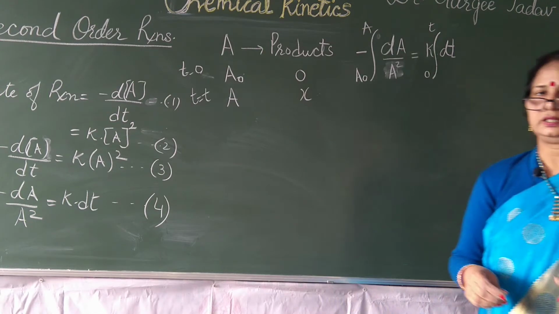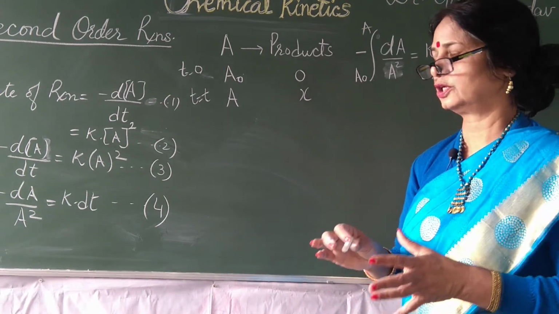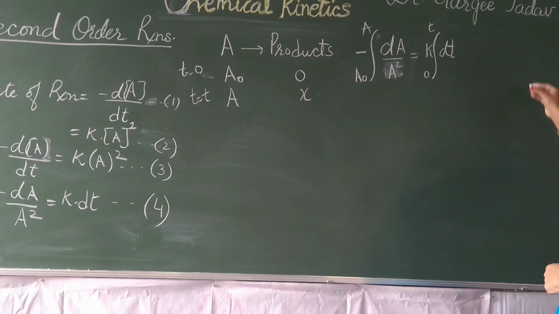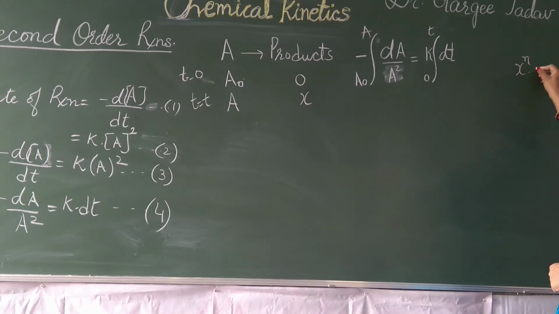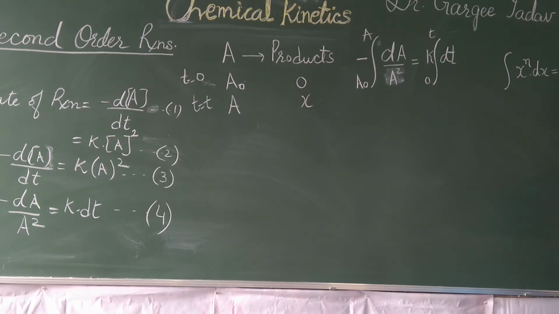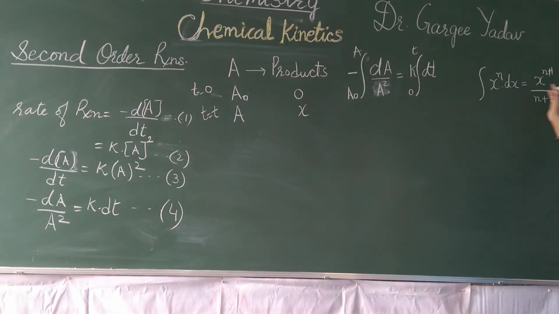Now we know a very important equation for calculating the integration: integral of x raised to the power n dx, and if we integrate it, we get x raised to the power n plus 1 divided by n plus 1.